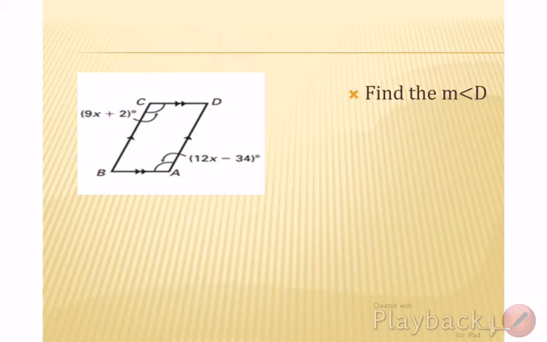What about the measure of angle D? The next property about parallelograms is that opposite angles are congruent. If B is 70 degrees, then D is also 70 degrees.